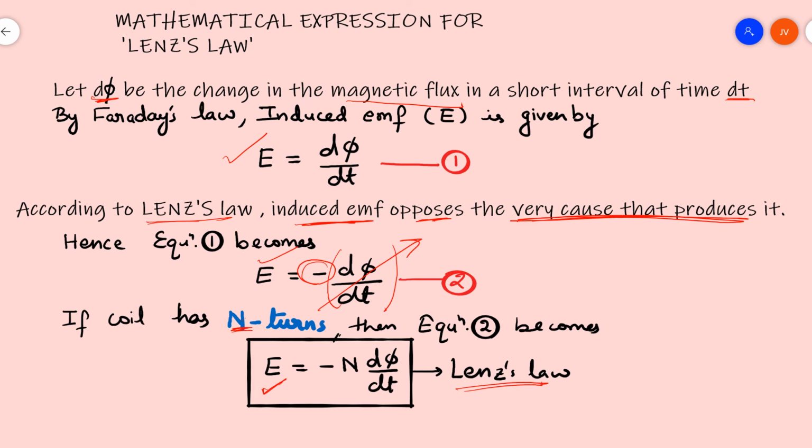So EMF is due to change in magnetic field. But according to Lenz's law, induced EMF opposes, that is why we have a minus symbol here. So induced EMF is due to the rate of change of magnetic flux, but induced EMF opposes the very cause that produces it.